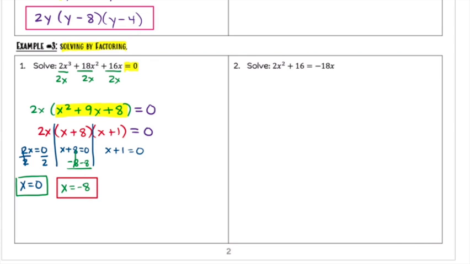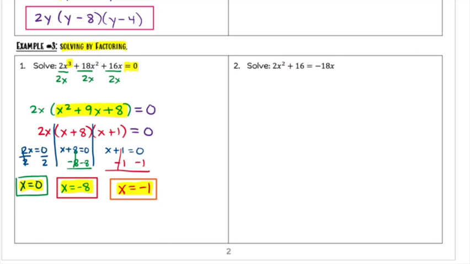And the last one, I would minus 1 from each side and get x equals negative 1 as our third possible answer. So in order for us to know whether we did this correctly, I am looking at the highest exponent, which is 3. That tells me how many answers I should have. I should have 3 answers, which I do. I have an answer of 0, an answer of negative 8, and an answer of negative 1.